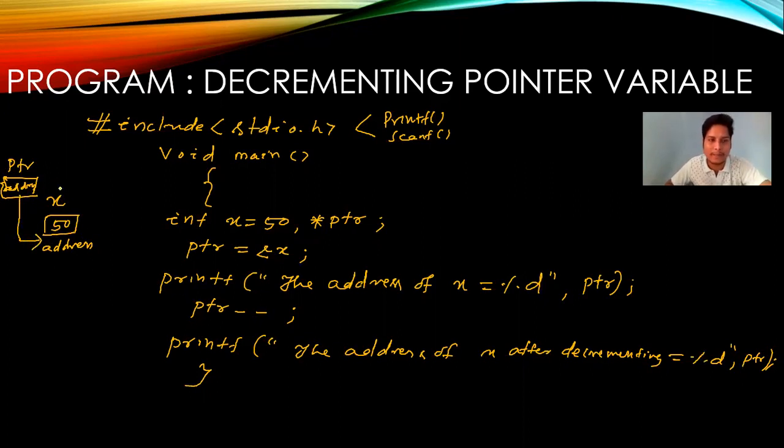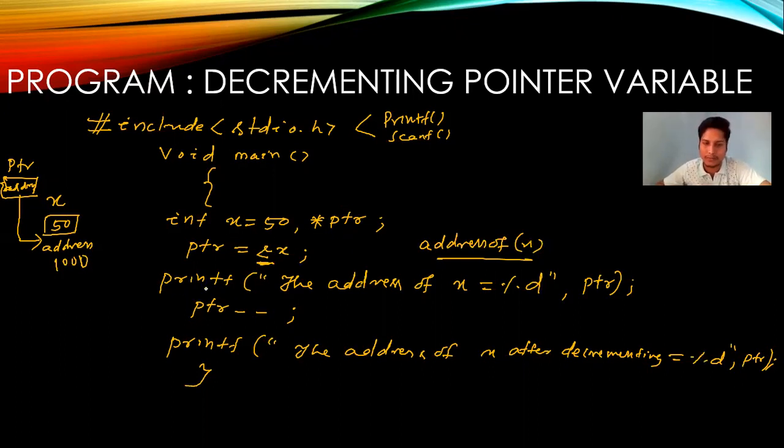So the address of the variable x, this is the address of operator, address of x. The address of x will be assigned to ptr. Suppose the address may be 1001 or 1000. This is assigned to ptr variable because it is a pointer variable. It stores the address of another variable.